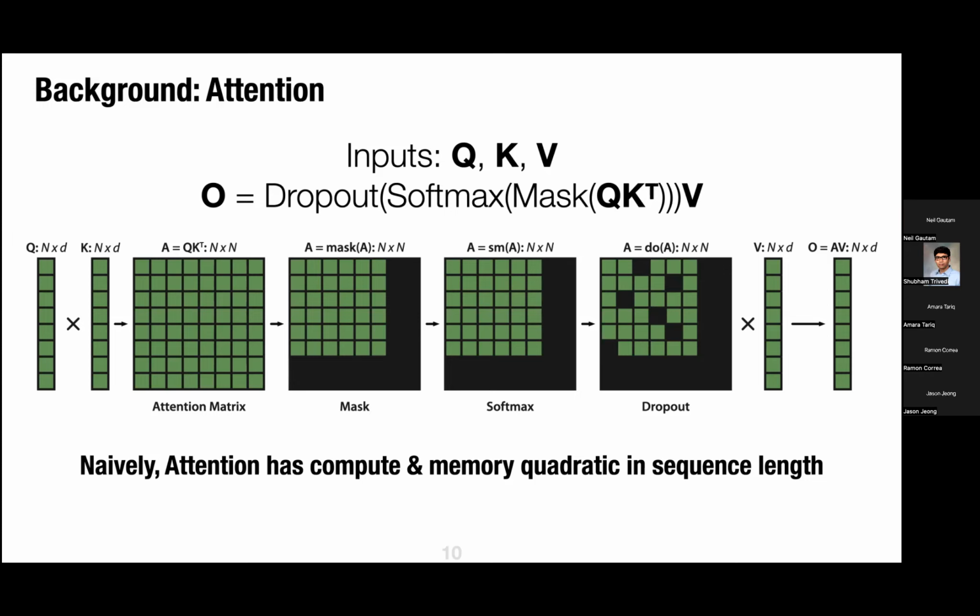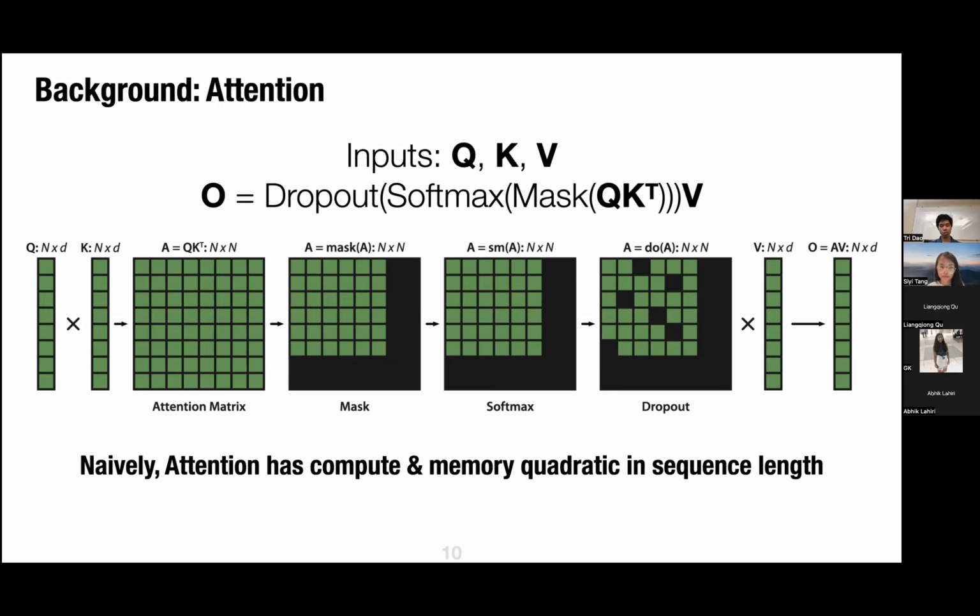So that's the simple answer. You can think of N as, let's say, 1,000 or 2,000, and D, the head dimension, is usually around 64 or 128. So N by N really is where the quadratic blowup happens.